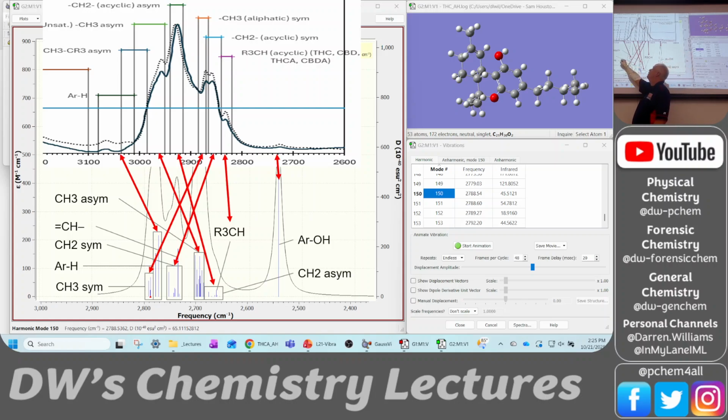This is that olefinic hydrogen. Don't exactly know where that is in our spectrum. The aromatic hydrogens in our experimental spectrum, they show up between like 3010 to like 3080. That's that range for the aromatic hydrogen stretch. For Gaussian, it's calculating them way too low. It should push them up here a little bit.